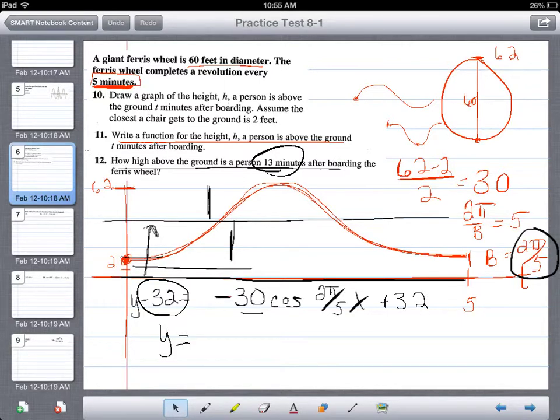Okay, so I'm going to go ahead and set my calculator and take 2 pi over 5, times 13, and I'll take the cosine of that number, take that number times negative 30, and then add 32 to it. So what I get here is 3.21, and the decimal keeps on going, but it looks like after 13 minutes you are 3.21 feet above the ground at that point in time.